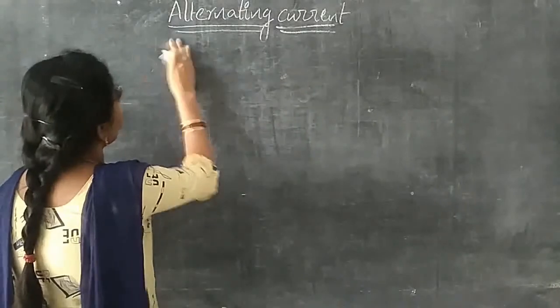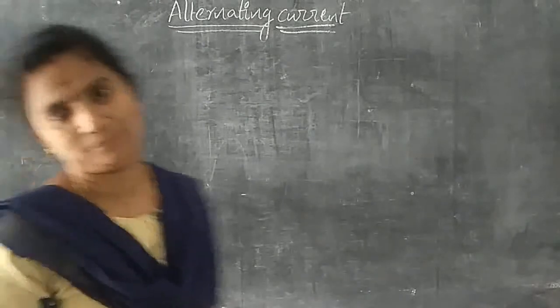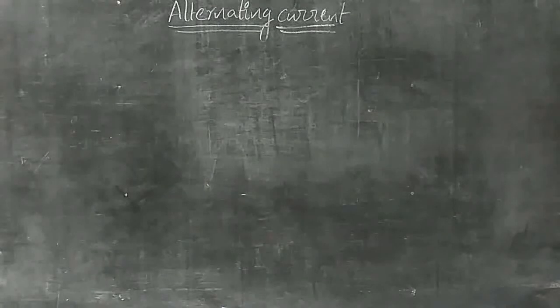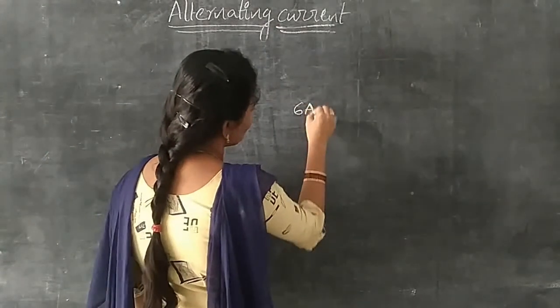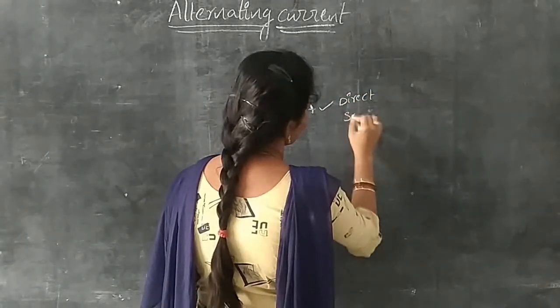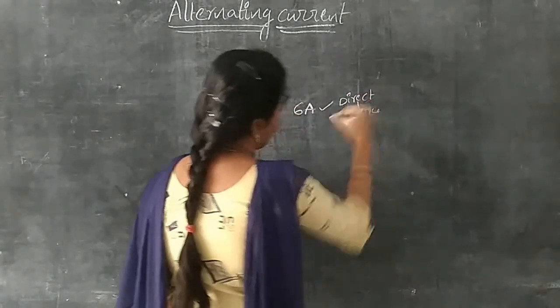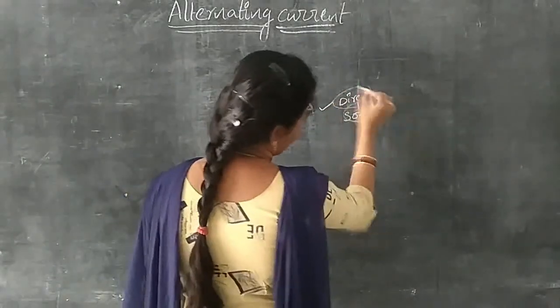So here, the source which gives us alternating current. Suppose for example, let us take a current I equal to 6 amperes. The source which gives us 6 amperes current is a direct current source.